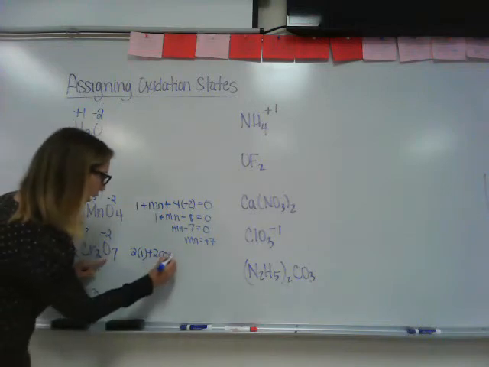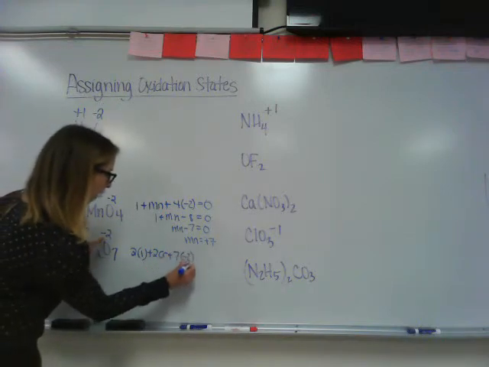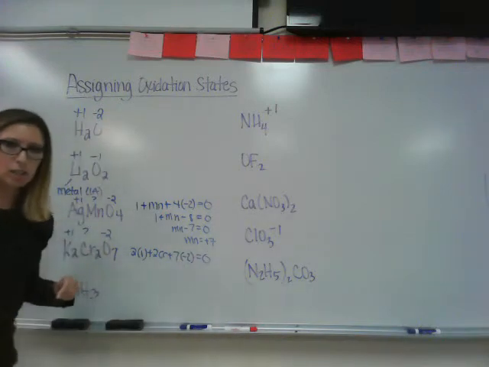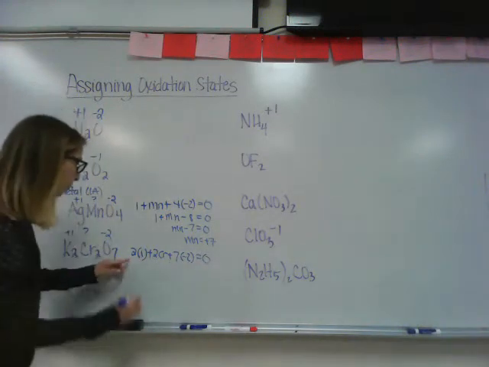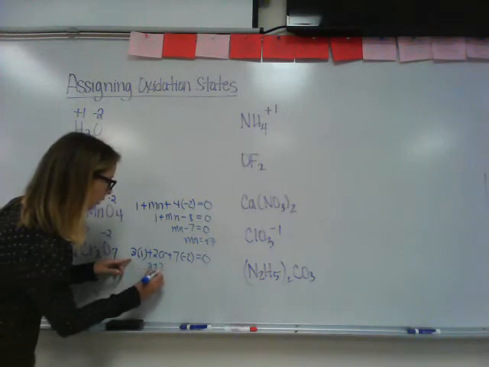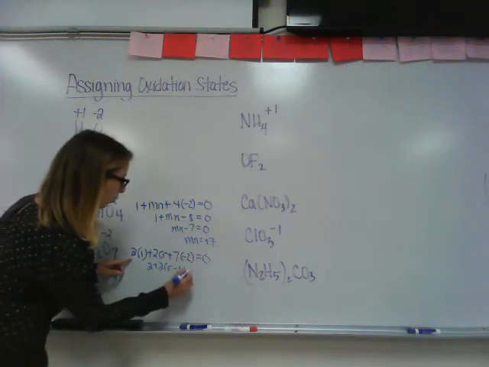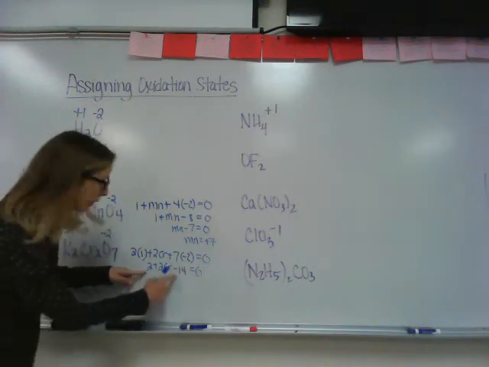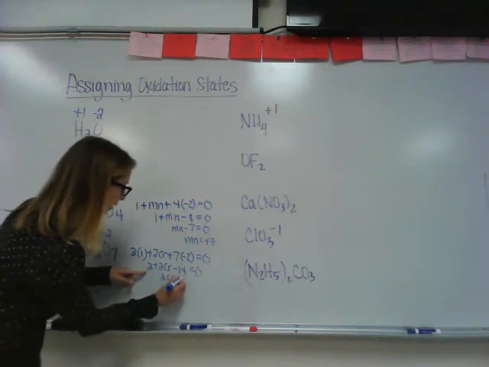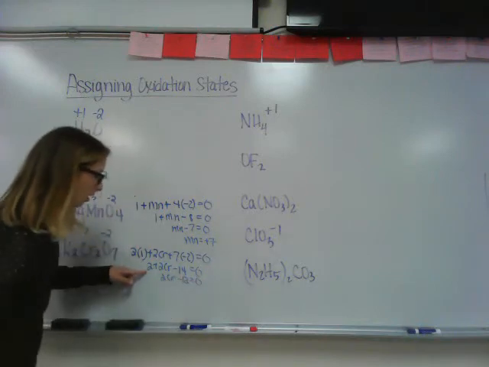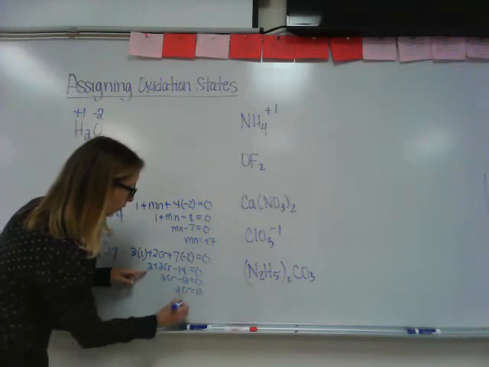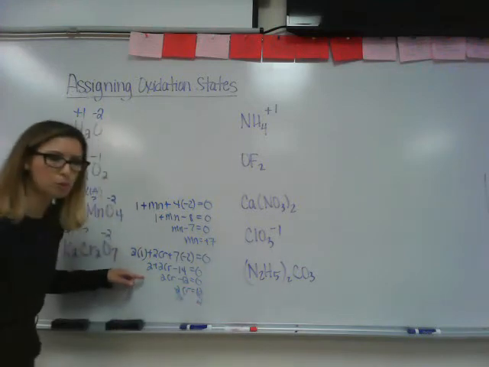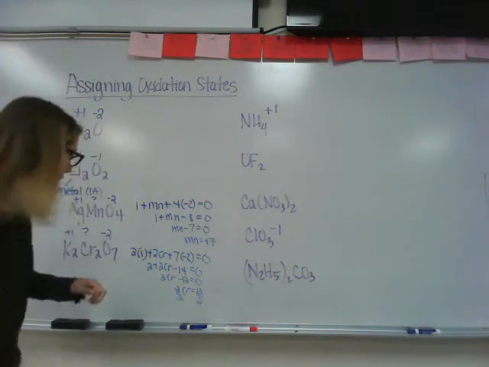And then you're going to add that to 7 oxygen at a -2, and the sum of the oxidation numbers is 0 because this is a neutral compound. There's no charge written on the paper. So 2 plus 2 chromium minus 14 equals 0. 2 minus 14 is -12. And then put the 12 on the other side. Divide by 2, and you're going to get chromium has a +6 oxidation number.